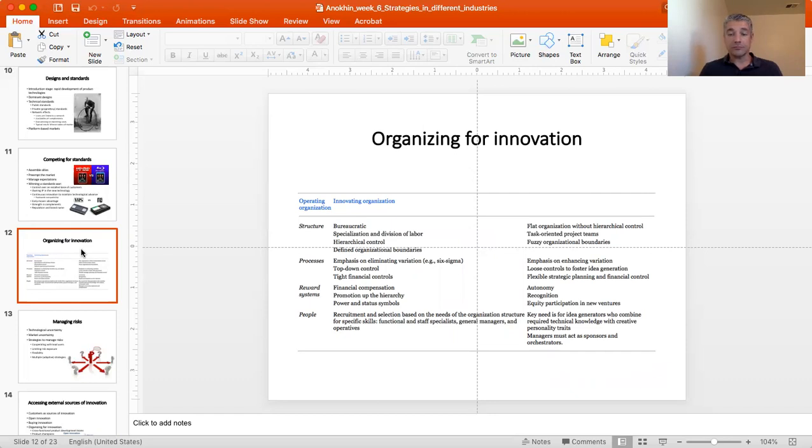You encourage trials and errors in the organization, so as to enhance variation, so you have something to choose from. Loose control to foster idea generation, flexible strategic planning, flexible financial control, autonomy, recognition. So all of those are other wonderful things.